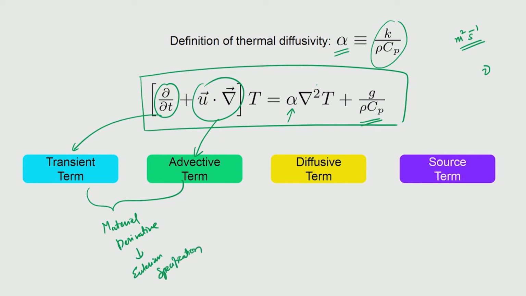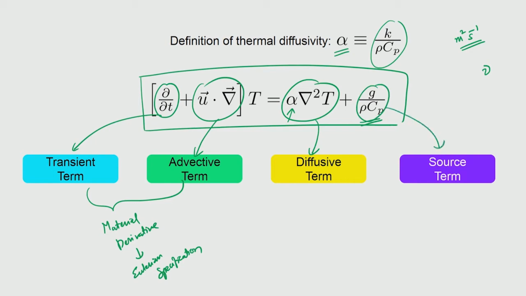And this term is called the diffusive term because it basically tells how the temperature variations are getting evened out. We will see the result of that shortly when we solve some problems, and G is basically the volumetric heat generation term, and therefore, that is called the source term.